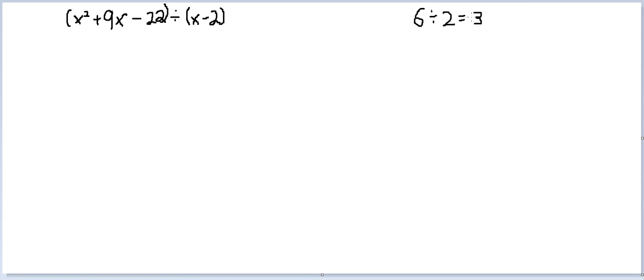And so if you wanted to check your work, you could take what you were dividing by, this number right here after the division sign, and the answer that you get, and multiply them together and see if you get the original thing that you were dividing. So if we do 2 times 3, that does indeed give us 6, so we know that we did this problem right. All right, so we're going to use that to check our work over here, because it's not obvious that we're actually dividing as such, okay?